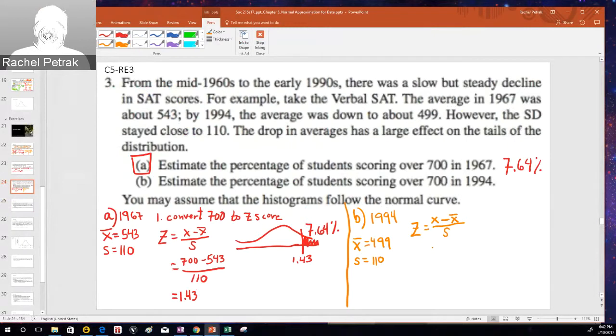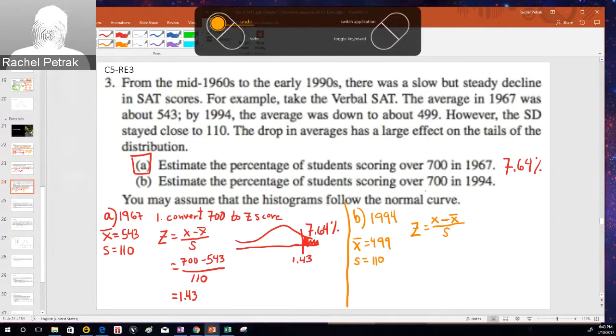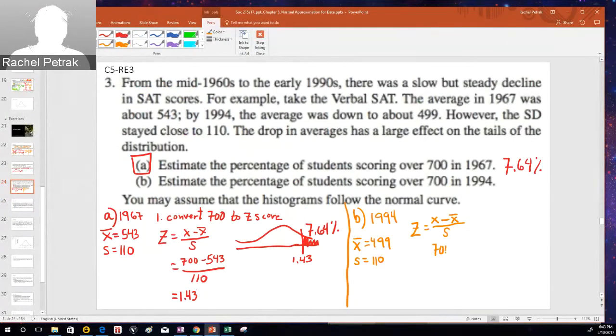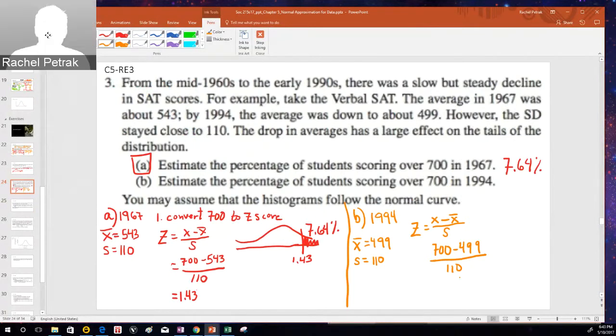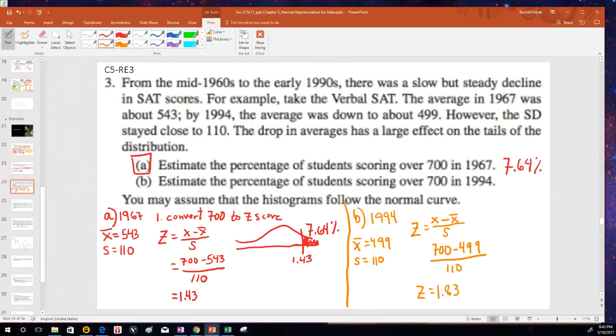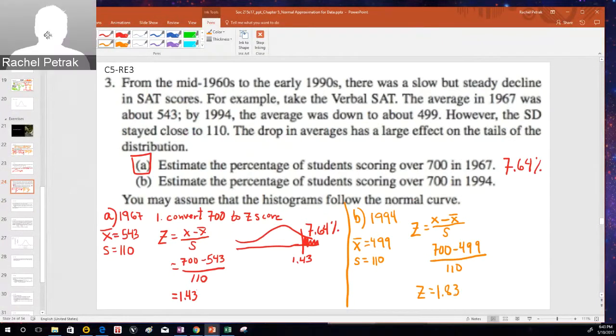And we can convert our z-score here. Now, what's the raw score we're looking at? 700 minus 499 over 110. And now we have a z-score of 1.83. And to get our percentage of students, we'll do the same process.